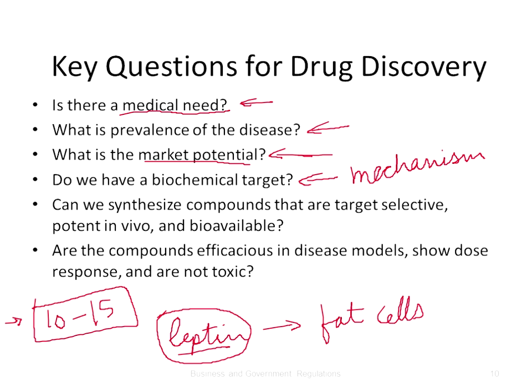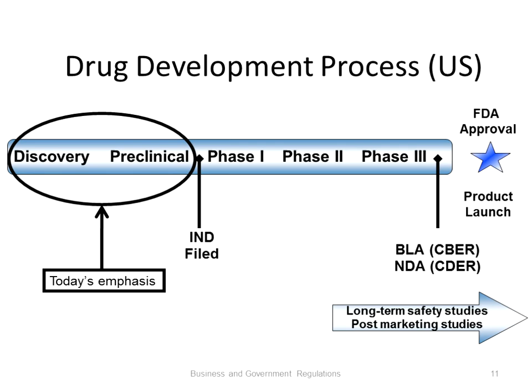And then, are you able to synthesize the compounds that are selective for that target and are bioavailable? So those are important questions as well. And are the compounds efficacious in disease models, show dose response, and are not toxic? So these are all important questions to answer when you are discovering a new drug.